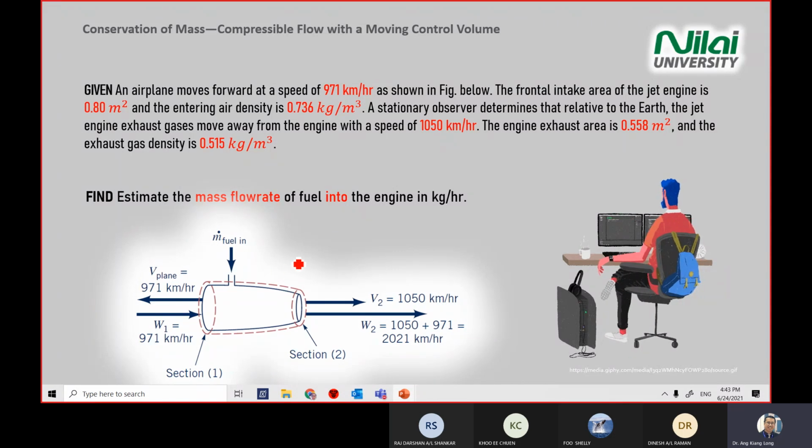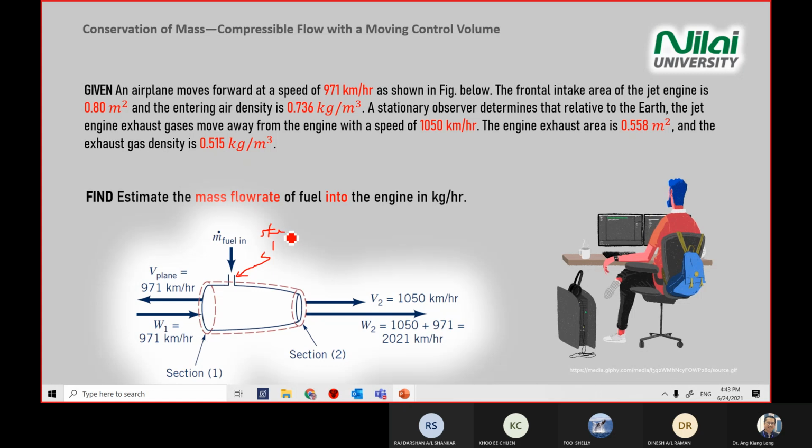I will break the diagram into a few steps. The first one, you sketch the solid line, which is the engine. Step 1, you draw the engine shape, and you will have fuel going in, and air coming in and going out. You draw the solid line, which is your system, with fuel going in, and wind coming from the left into the right.